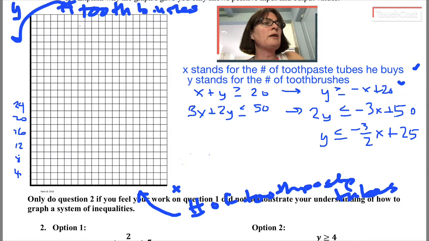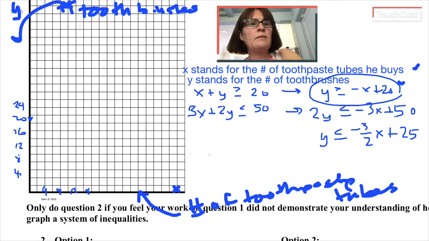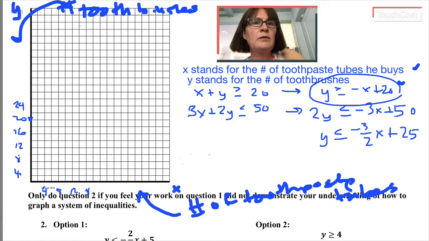So I'm going to graph this first inequality in blue, and the other in red. I'm going to start with a y-intercept of 20. I'm going to use the same scale on these axes, 12, 16, 18, this is going to be 20.